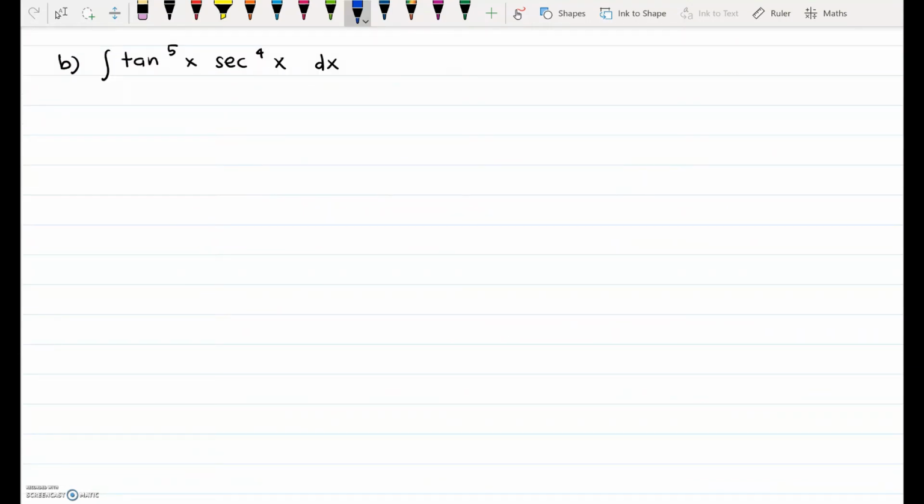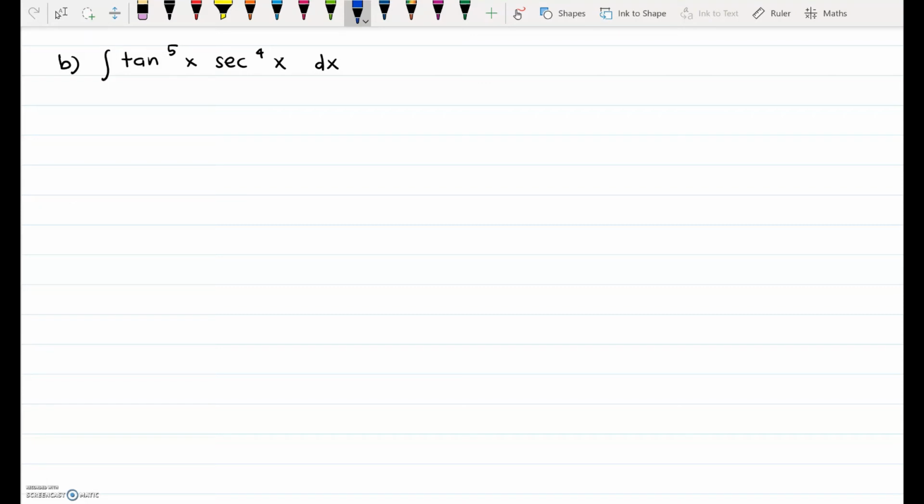Next, let's look at the second example, B. We have the integration of tangent to the power of 5x secant to the power of 4x dx. Firstly, we have the integration of trigonometric functions involving tangent and secant. Next we will solve this integral according to the priority of the cases.